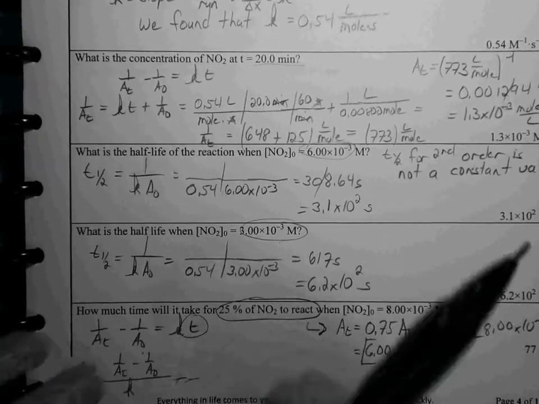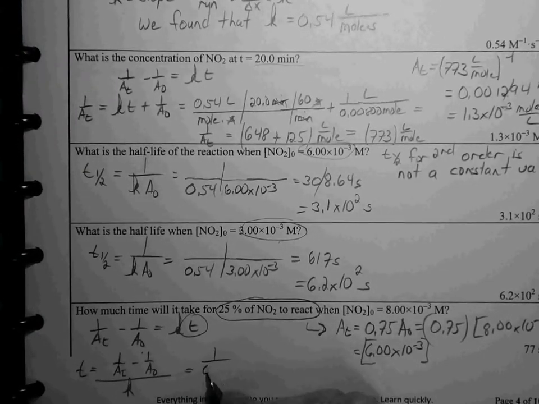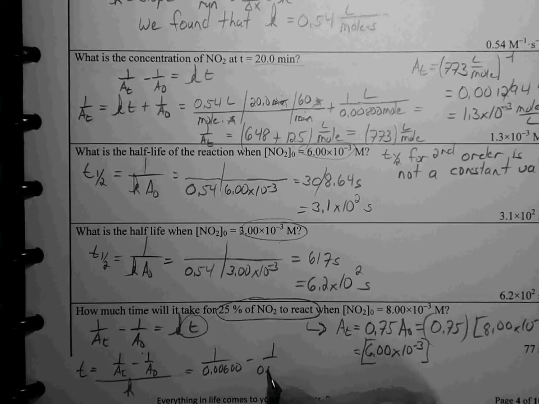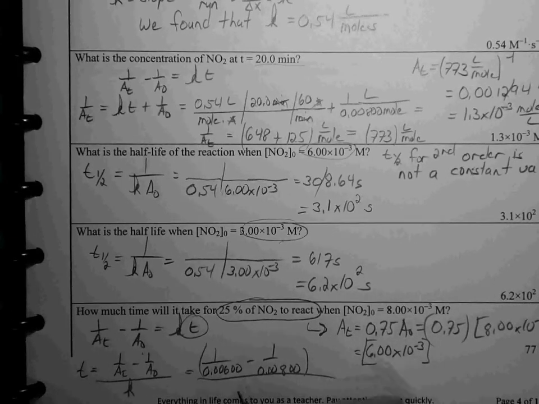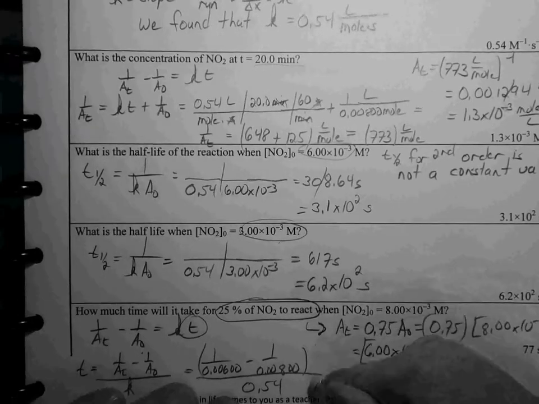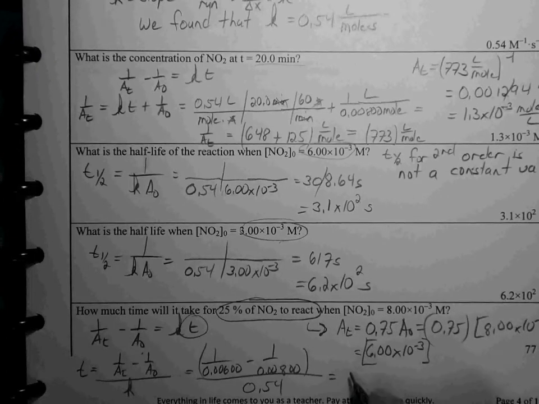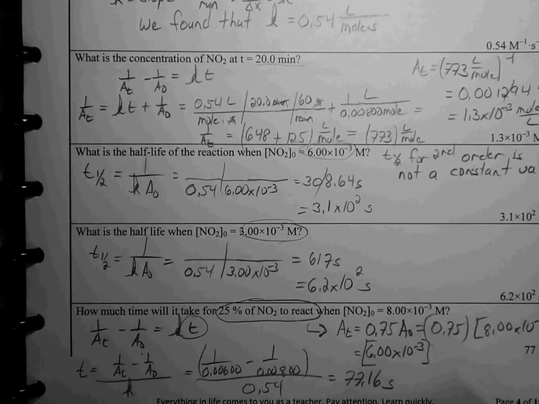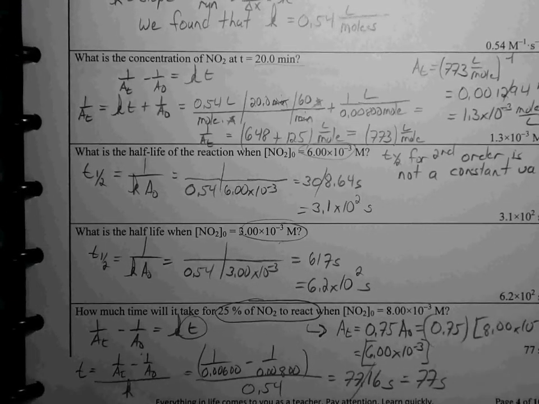We can plug in our values, and when we calculate this out, our value is 77.16 seconds, and with 2 sig figs, our final answer is 77 seconds.